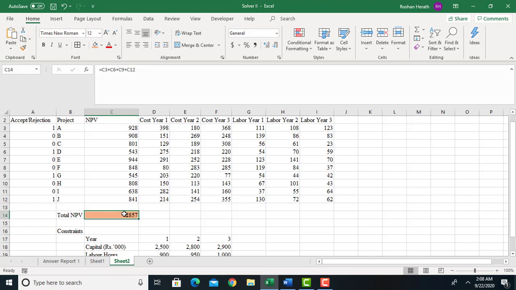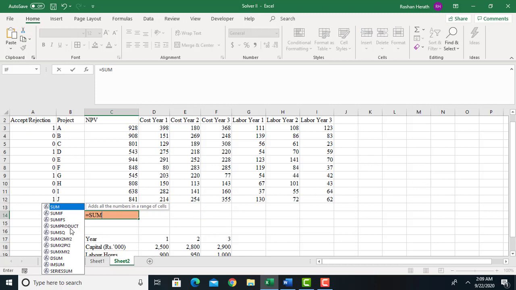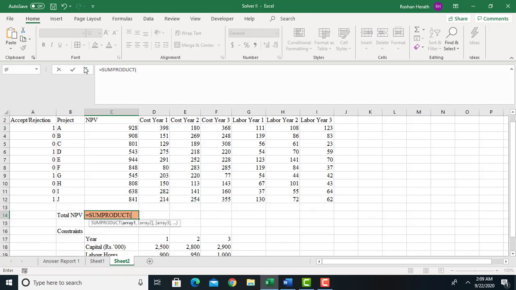Hence I would suggest, by using your knowledge of the sum product, you can achieve the same output by doing something like this. See how easy that is. You might take this sum product.